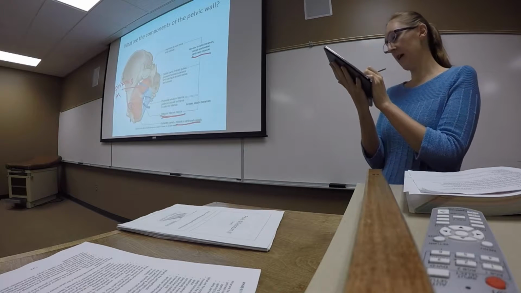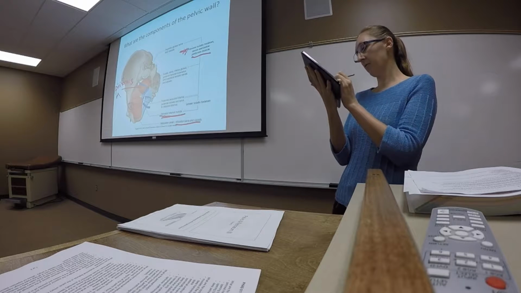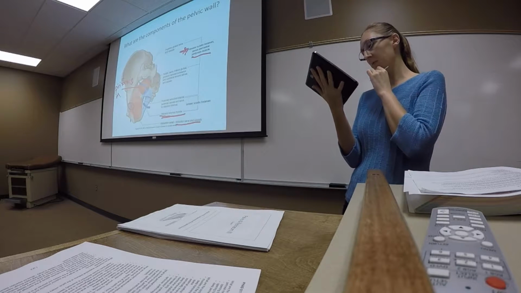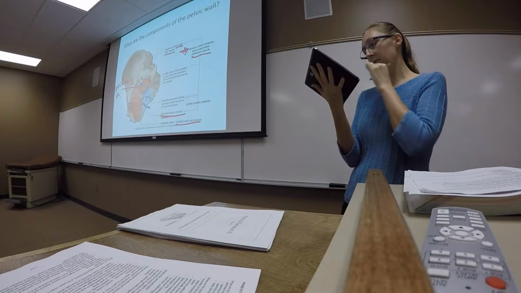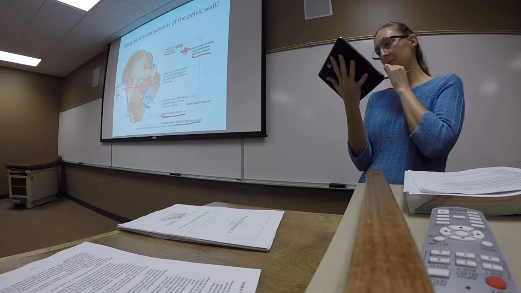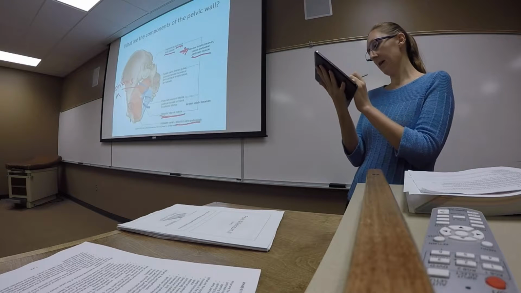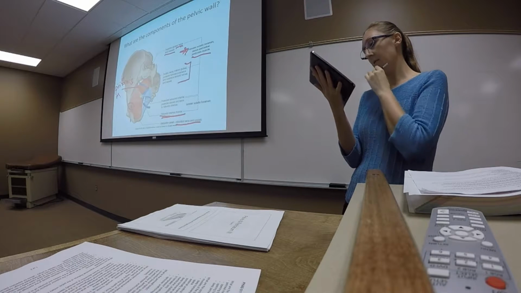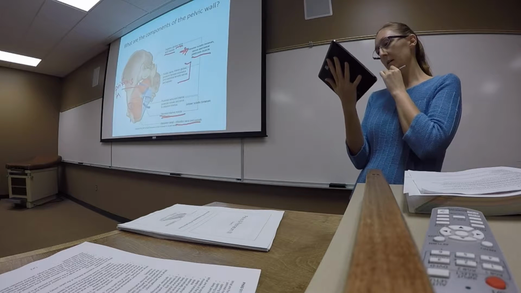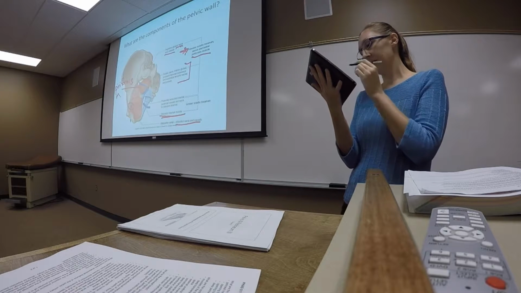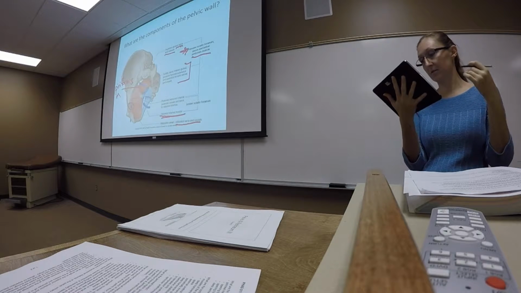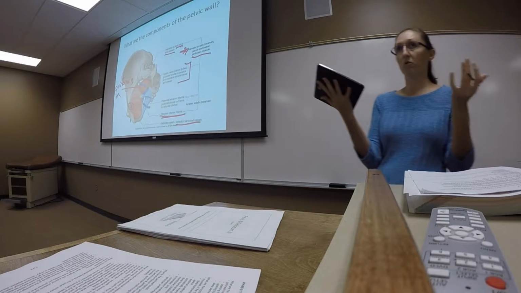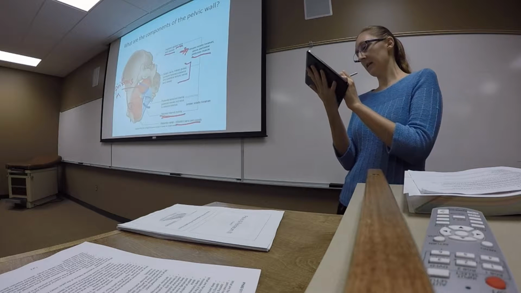We have the greater sciatic foramen. We have structures both above and below the piriformis muscle. So we've got gluteal nerves and vessels going superior to the piriformis muscle, and then a whole slew of things going inferior to it, including gluteal nerves and vessels, femoral nerves and vessels, and then the sciatic nerve.